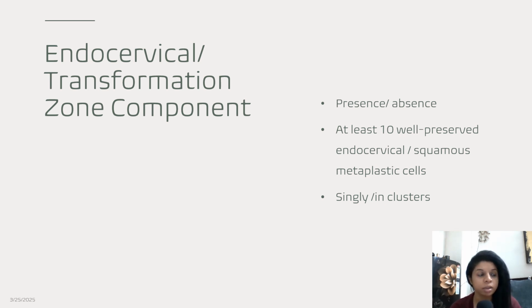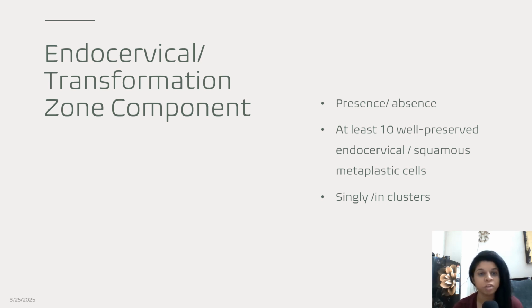So the slides which they used to call inadequate because there is no endocervical component, we may be just discarding, or it may be a slide where there is a probability that the patient is having a premalignant lesion. Okay, so to avoid that confusion, Bethesda has removed the requirement that there should be an endocervical or transformation zone component.